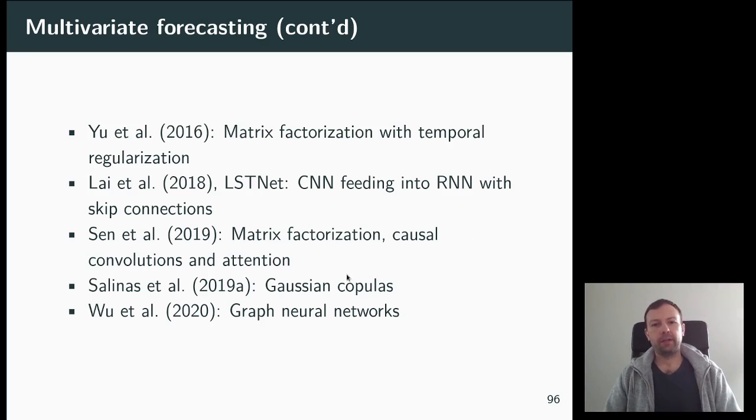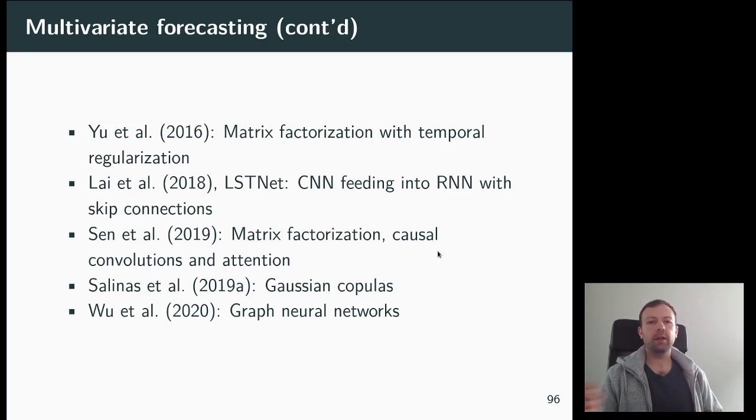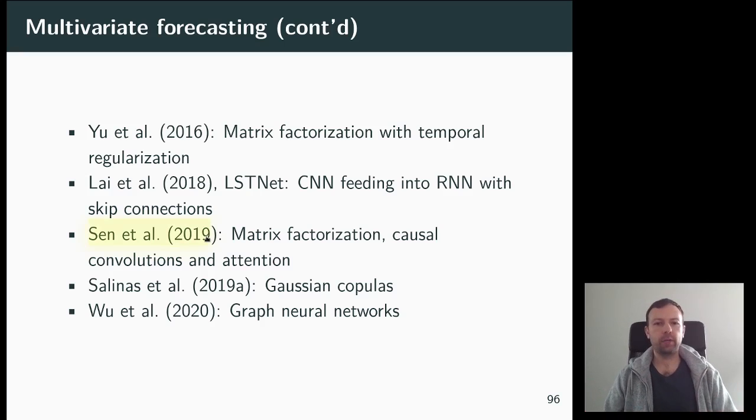Then we have this paper from 2019, called Think Globally, Act Locally. It also does matrix factorization. It's kind of a follow-up on this 2016 paper. And then they do causal convolutions and attention. This is also a quite good paper worth looking at.